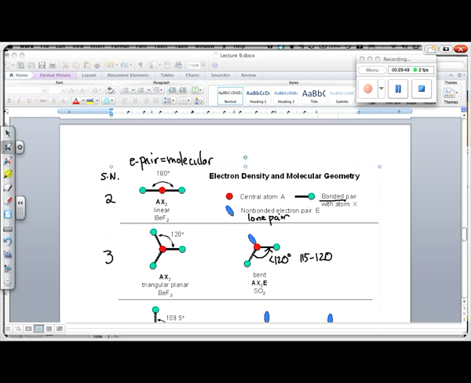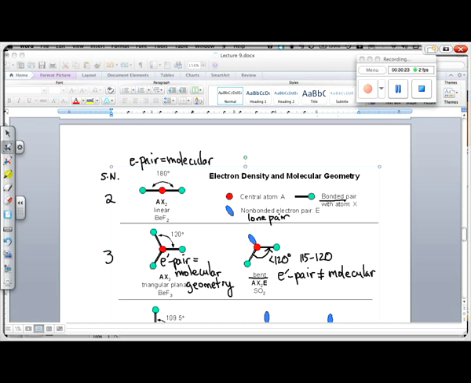This one, the molecular geometry is trigonal planar, but for this one, the molecular geometry is bent because of that lone pair taking up more room. So for this one, electron pair is not equal to the molecular. Everything in the left column, the electron pair is the same as the molecular geometry because none of those have lone pairs. Okay? All right.